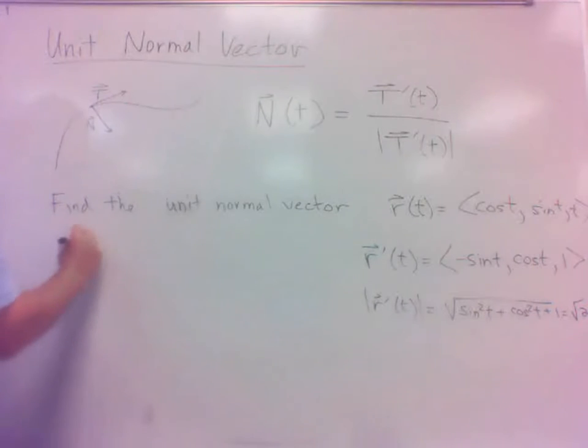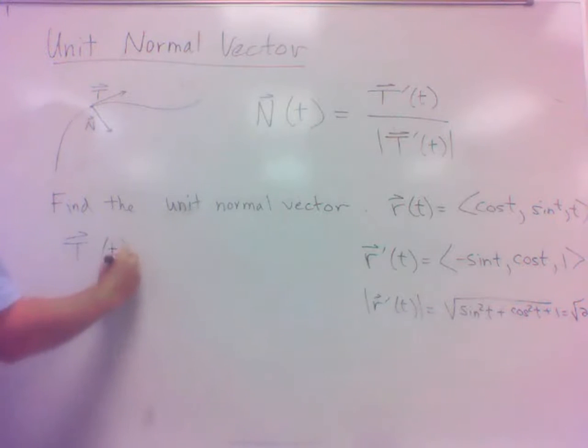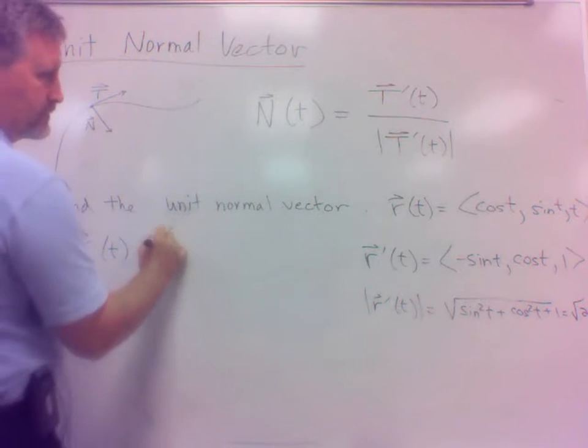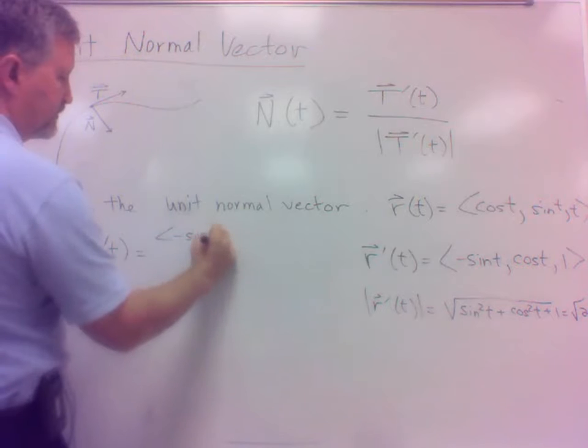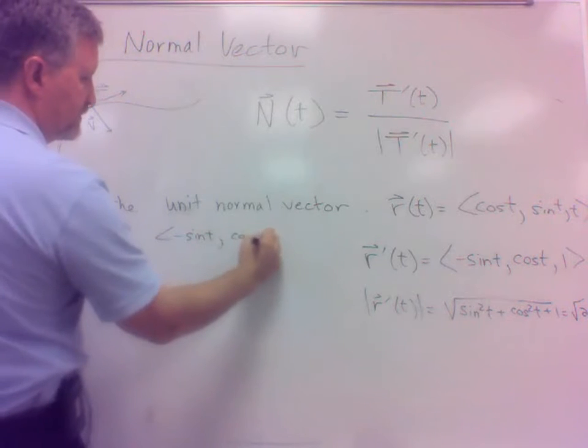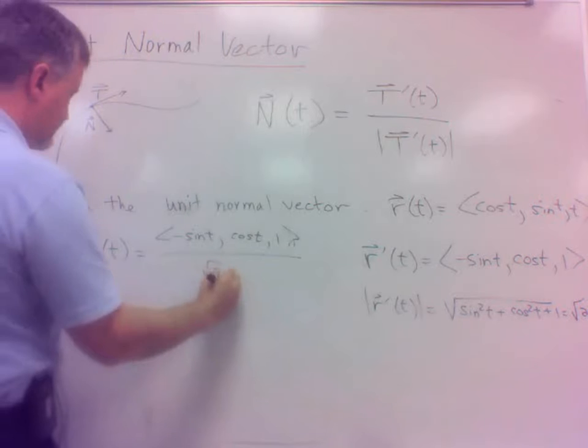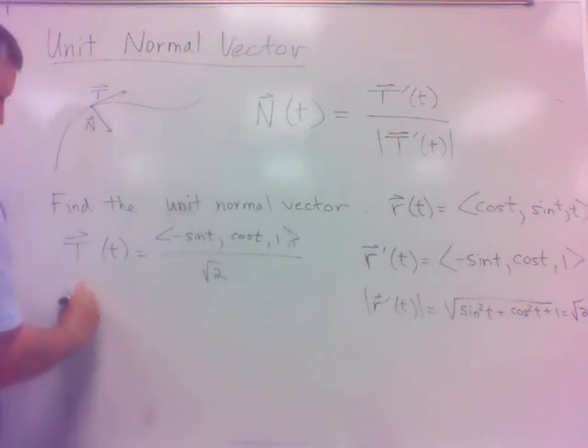And so our unit tangent vector would be negative sine t, cosine t, 1, divided by the square root of 2.